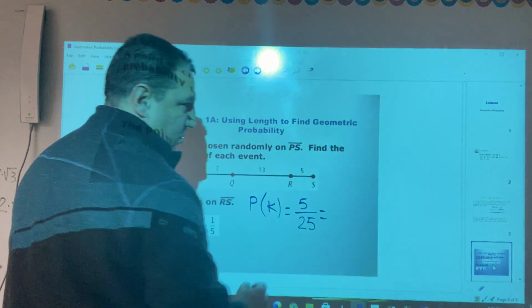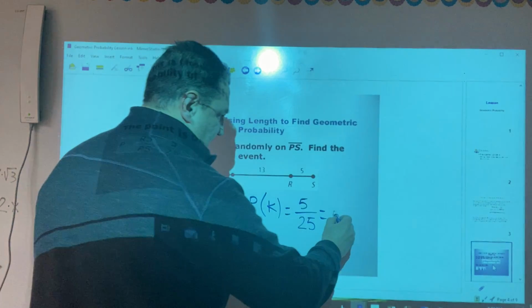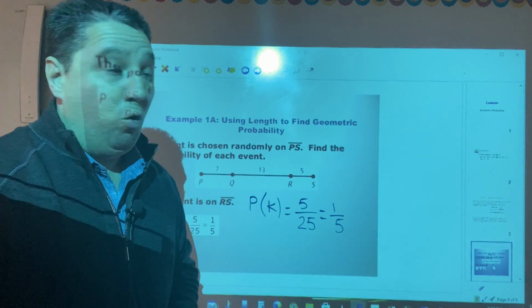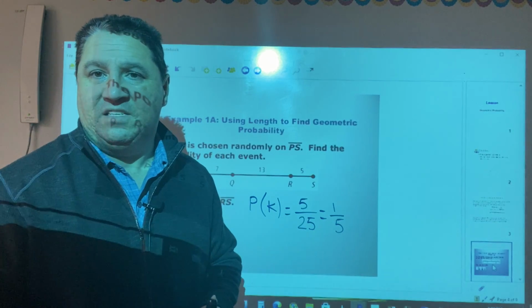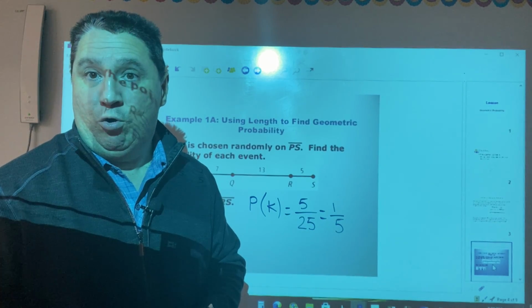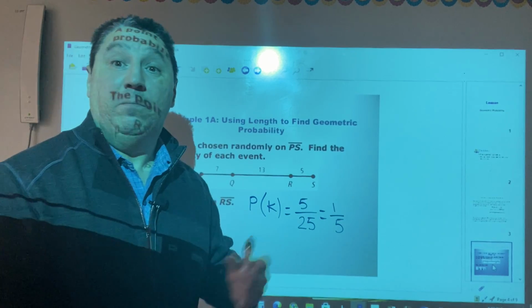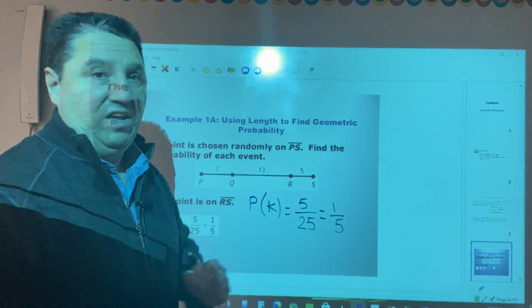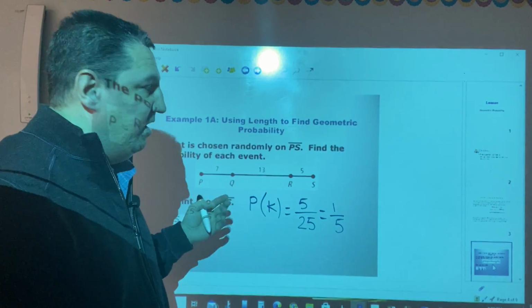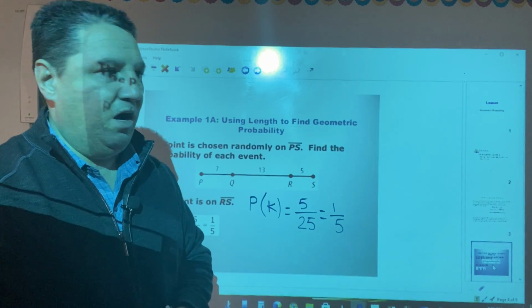We can simplify this fraction, and at the end we get 1/5. Or if you would like to express it as a decimal, it is 0.2, or 20%. That's the probability of having a point K chosen randomly on segment RS.